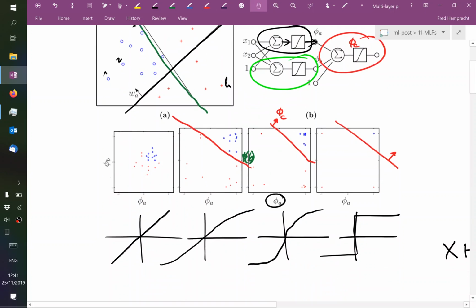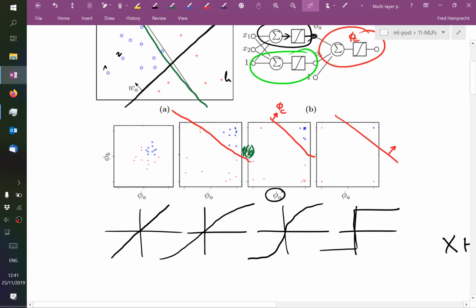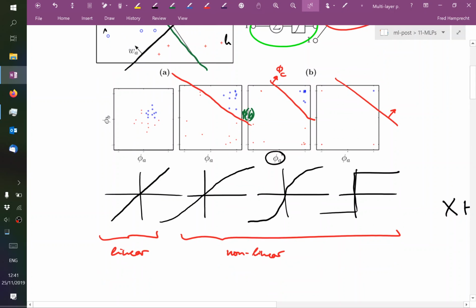And if we look again at what the activation functions are, what the transformations of my individual perceptrons are, these here have been nonlinear, whereas the one on the left was just linear. And that makes for a really qualitative difference.